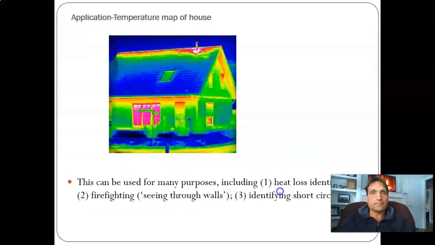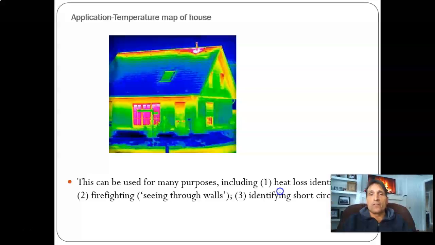Here's another example, a temperature map of your house. Okay, this is using a thermal camera. And this can be used by firefighters to determine where the fire is, the temperature at the various parts of the house. It can also be used to detect heat loss.